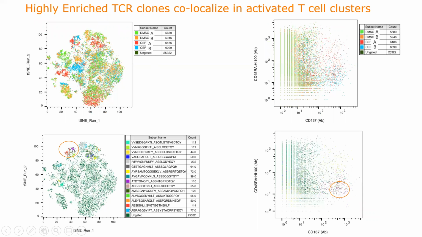Now going back to our original t-SNE cluster, we can overlay our Sample Tag information onto the cluster to identify cells from our donors and locate our activated T cells.